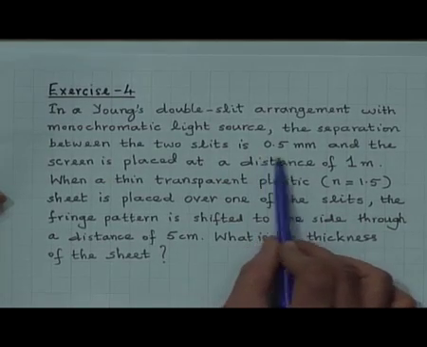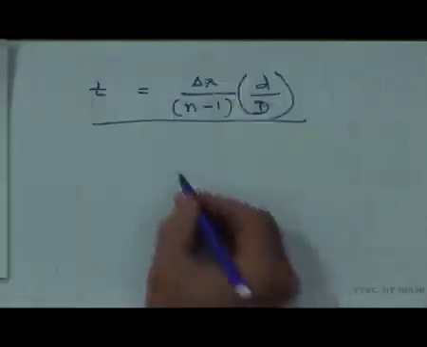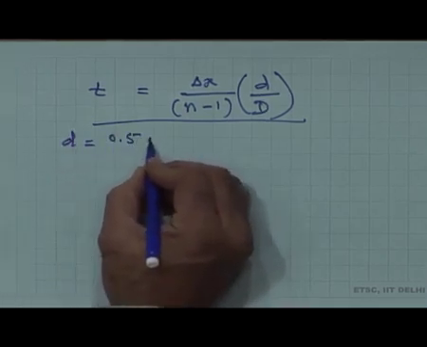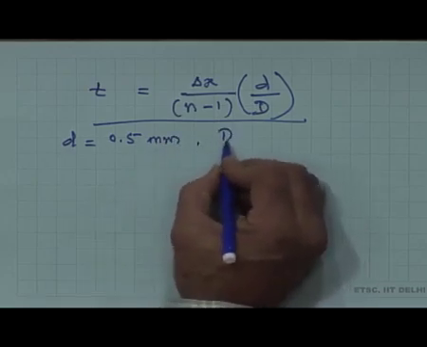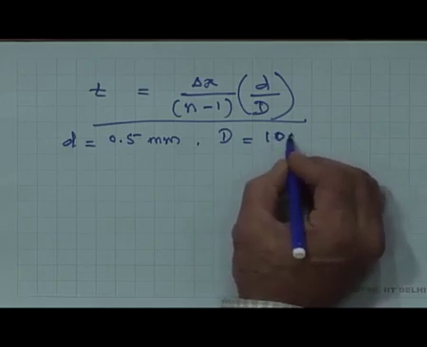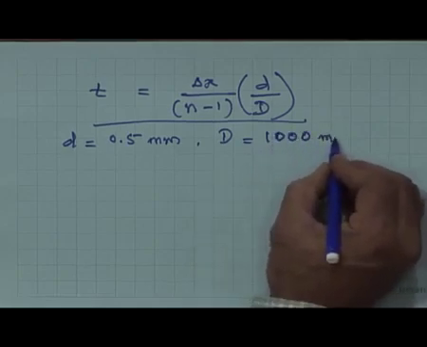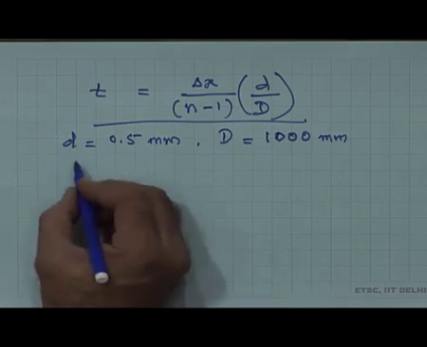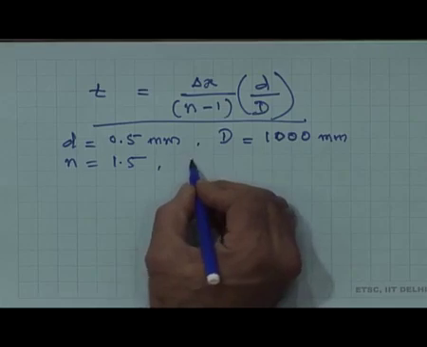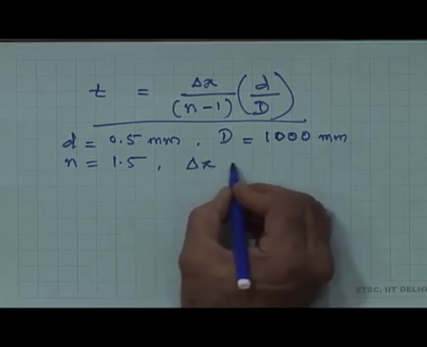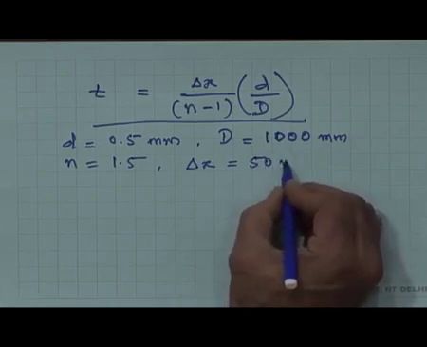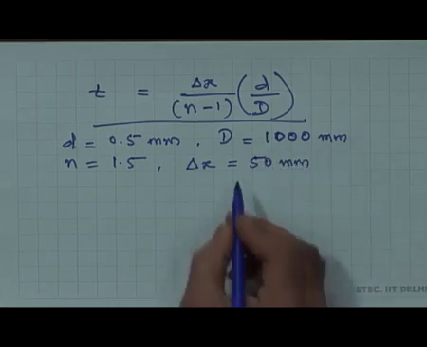The two slits: small d is 0.5 mm, capital D is equal to 1 meter, so 1000 mm, and n is given as 1.5. Delta x, the fringe pattern shifts through 5 centimeters, so 50 mm.